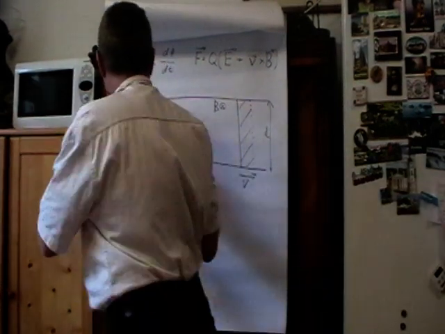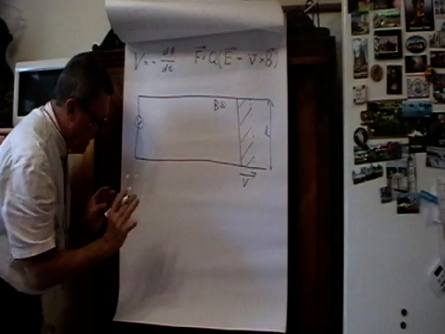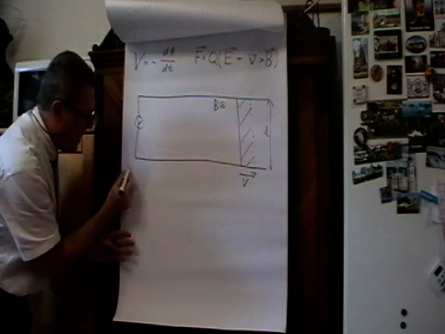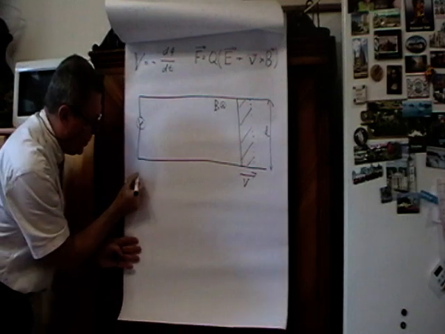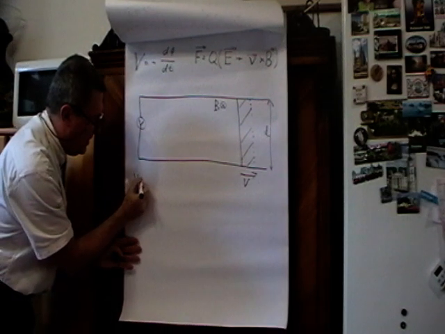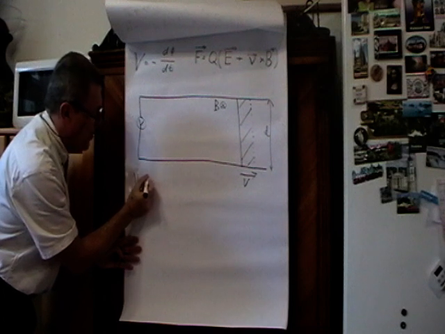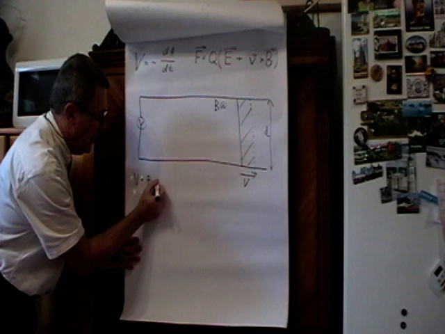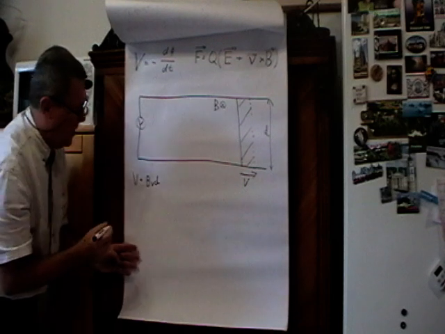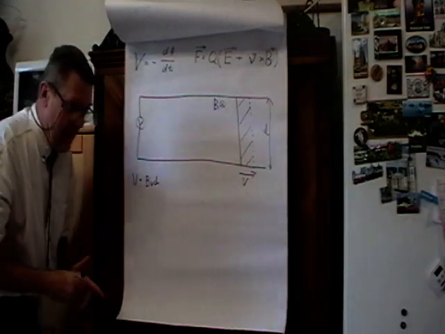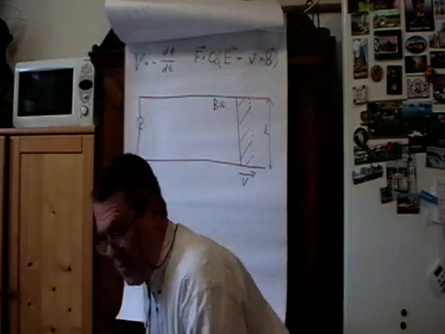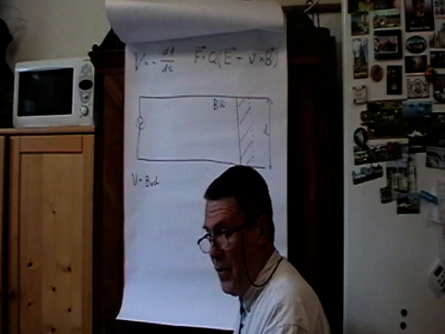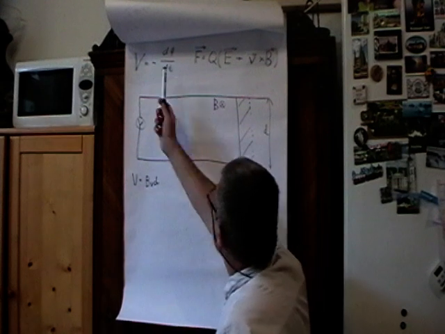So the voltage, and let's forget about the orientation at the moment, the voltage magnitude would be BVD. That is the reply, the kind of information that we can obtain out of the induction law.